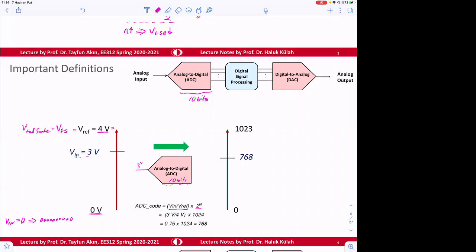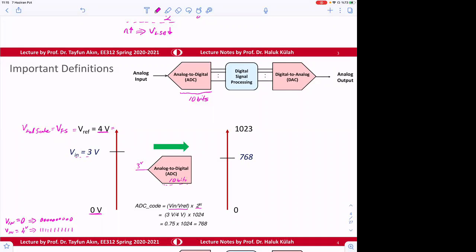So what about if V in is 4 volts? Then this is going to be all 1s. So 3 volt is going to be something in between.